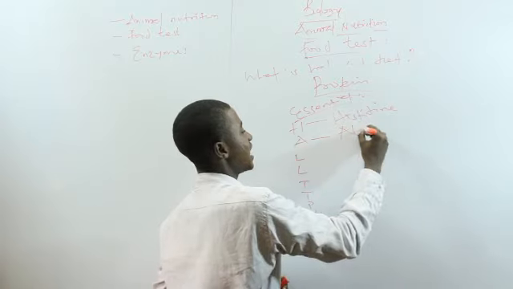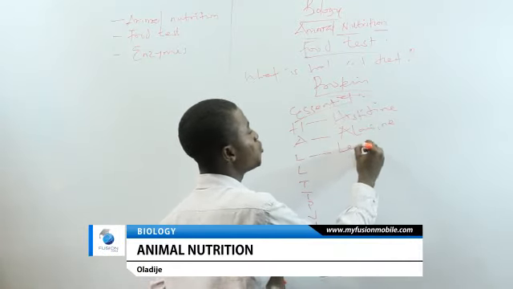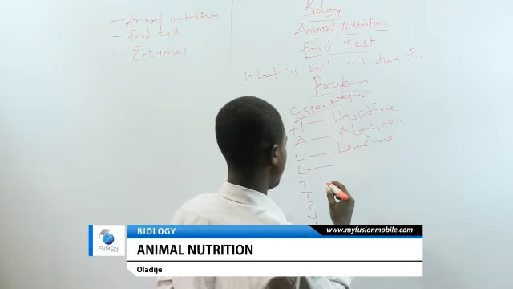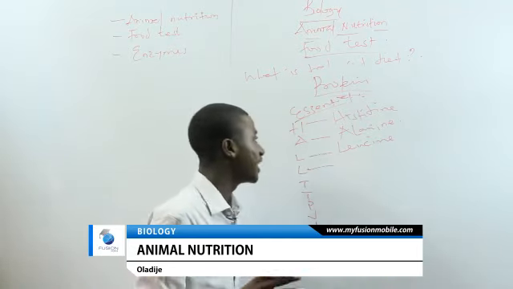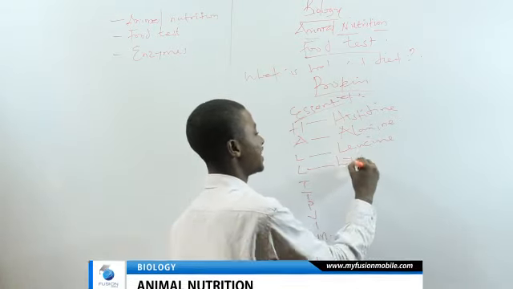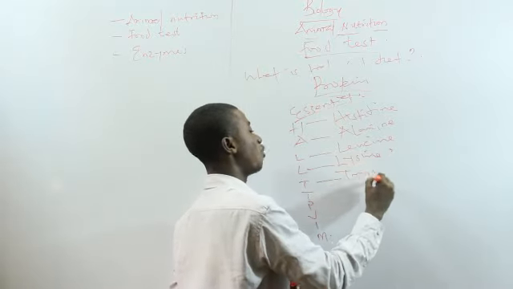The A stands for alanine. The L stands for leucine. The other L stands for lysine. And the T here stands for tryptophan.